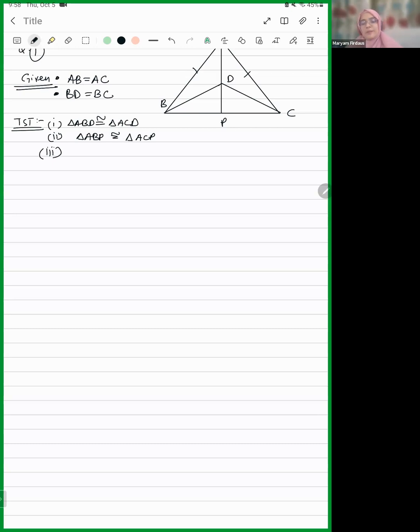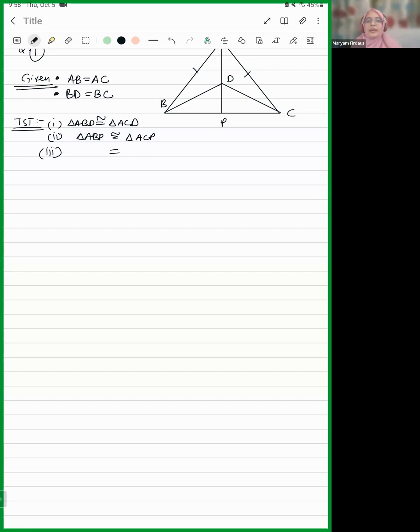And the third thing is AP bisects angle A. What is the meaning of AP bisects angle A? It divides the angle into two equal parts. So what should I write over here? Something is equal to something. Angle BDP is equal to angle CDP.